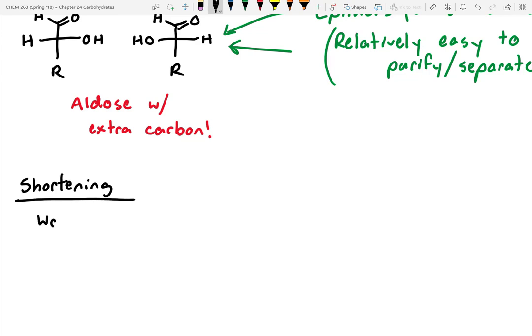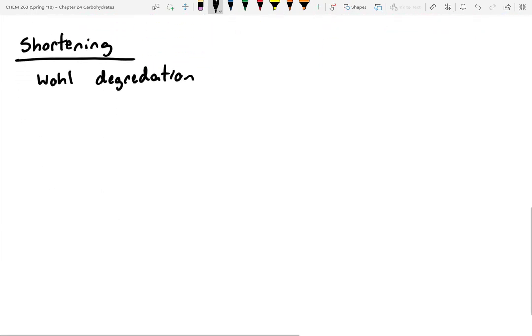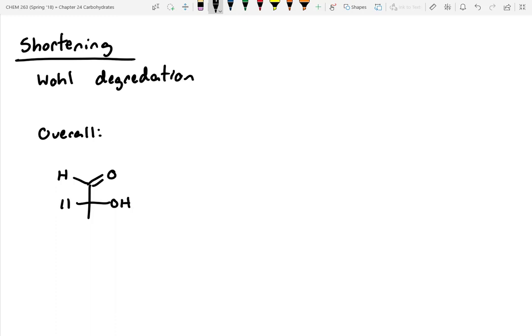And this is called the Wohl degradation. And the Wohl degradation is basically the reverse reaction of what we just saw. So I'll go ahead and draw the overall reaction first, and then we'll take a look at it. So I'm just going to pick one of the aldoses that we previously made.